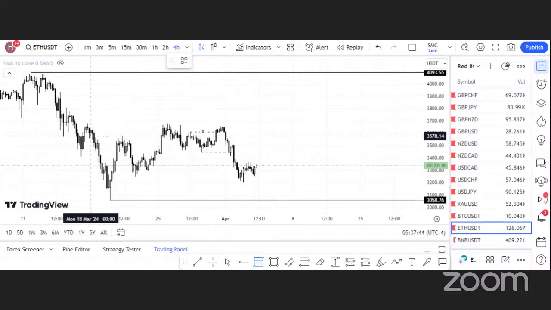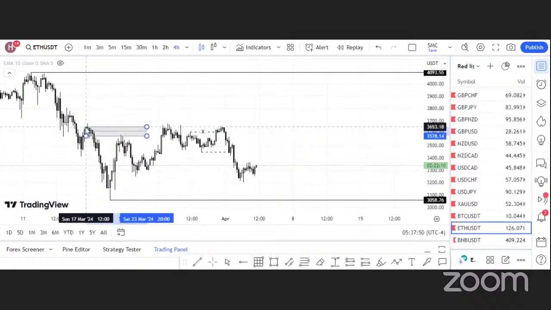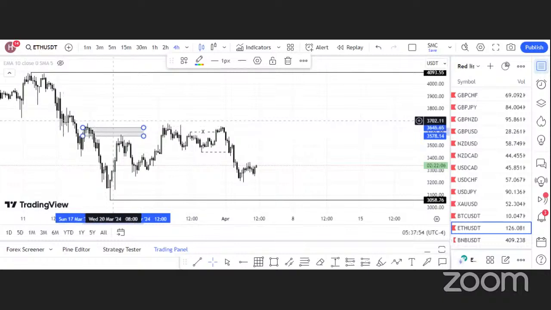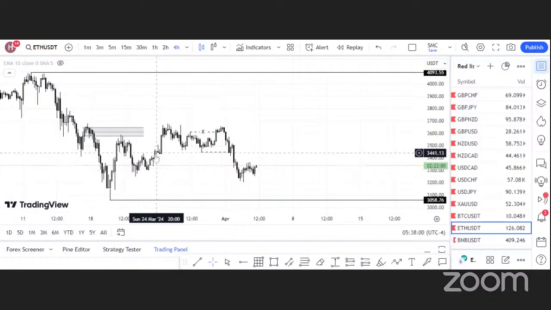So the market made what looks like retesting to continue the down movement. And then the market went down below. What happened next?